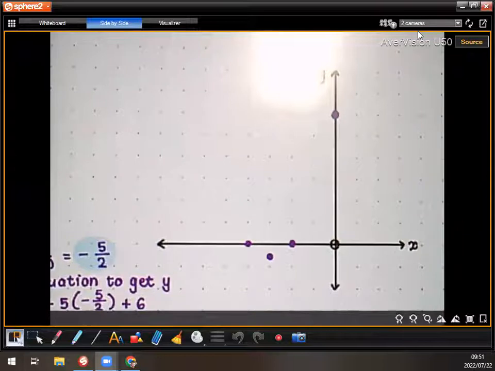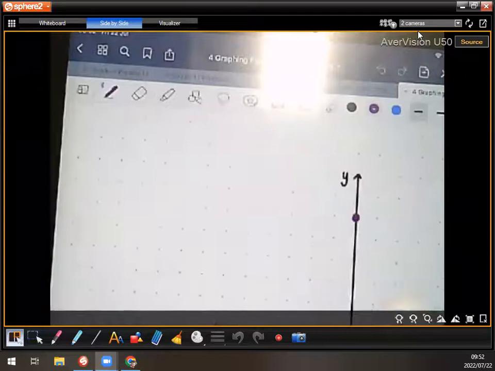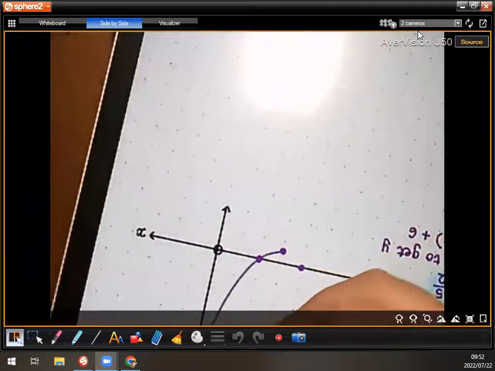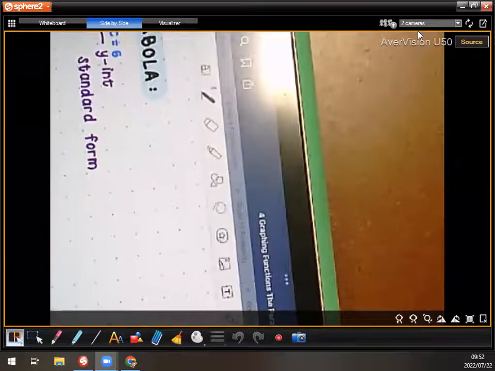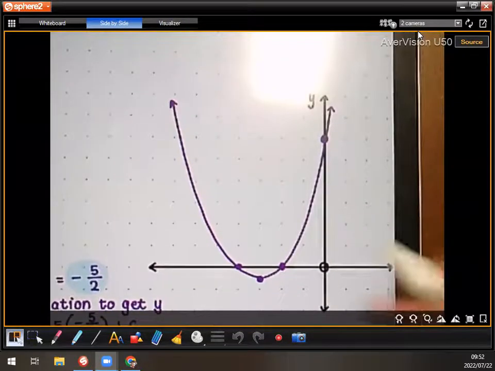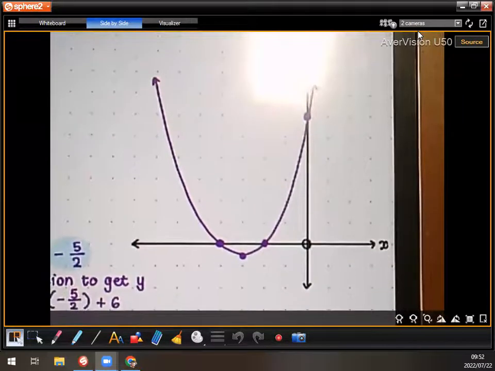Okay, that looks a bit wonky now. Something like that, right?